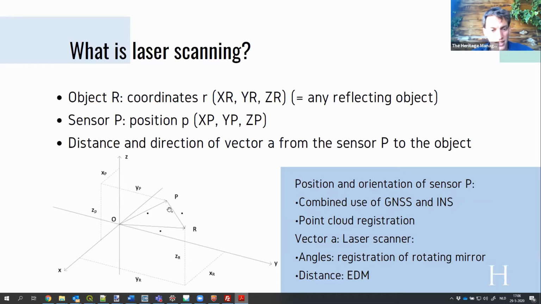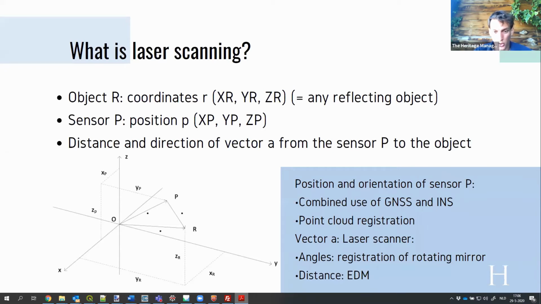And by measuring the distance and the orientation, the horizontal angle and the vertical angle of our vector related to our system, we can actually derive the coordinates of our object. So we measure a distance, a horizontal angle, and a vertical angle for each point.